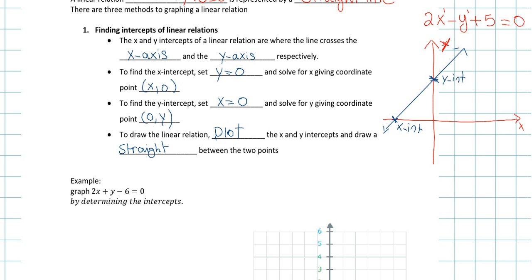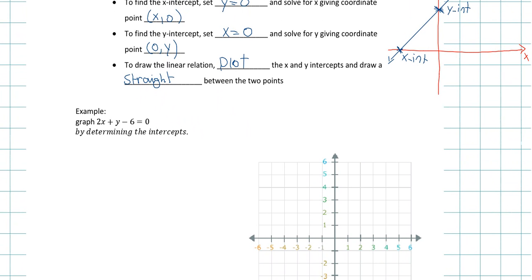So let's look at an example. You're going to graph this line, but the question is asking you to graph it using the intercepts. Okay? So I need to find my x-intercept and I need to find my y-intercept.